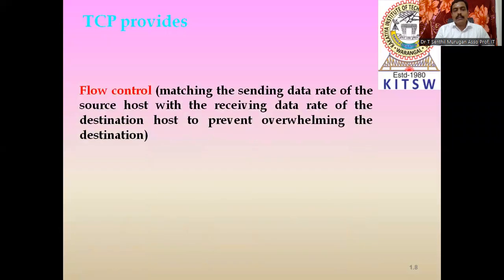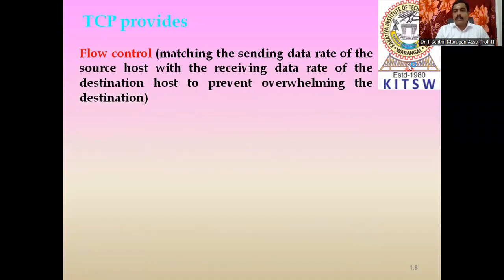TCP provides flow control. What is flow control? We already discussed it. It matches the sending data rate of the source host with the receiving data rate of the destination host, to prevent overwhelming the destination.